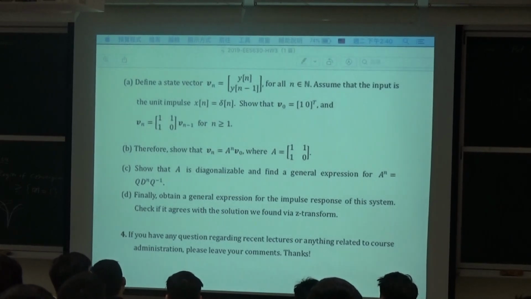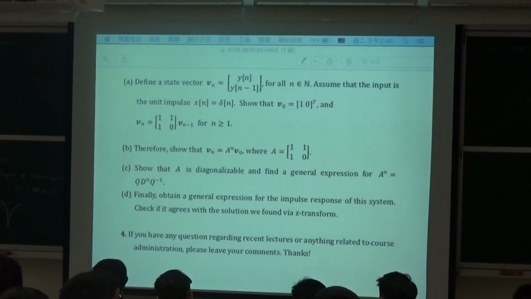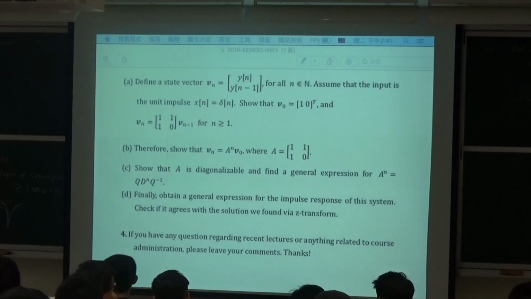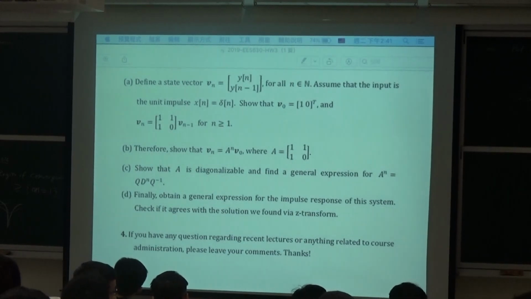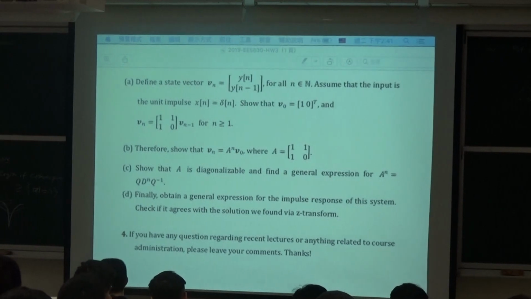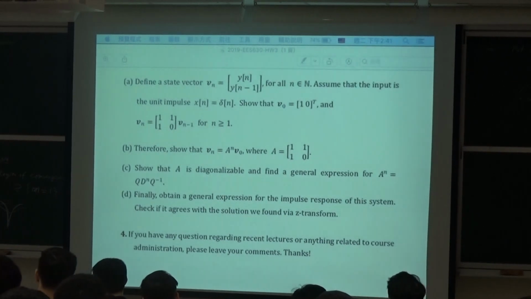So anyway, the group delay of a system is the time difference of the output with respect to the input. That's the take-home message. Group delay is to compare the time.